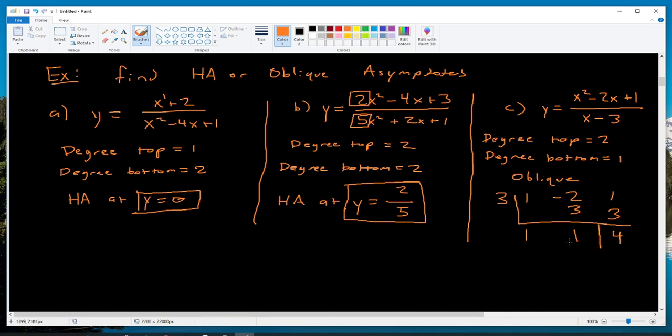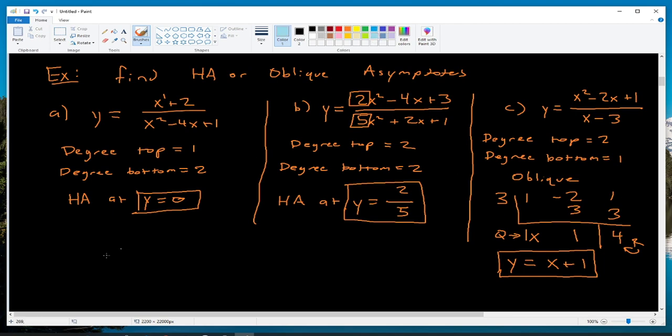This is no x's number, this is x to the first power's number. So we get y equals x plus 1. This is the quotient, and that is the remainder. The oblique asymptote occurs at the quotient, so y equals x plus 1 is where our oblique asymptote occurs.